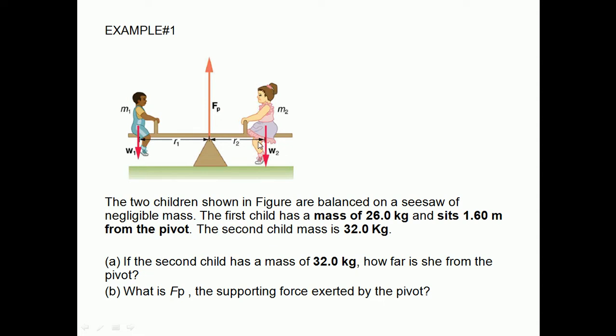The second child is sitting 1.3 meter from the pivot, and the first one is sitting 1.6 meter. You can see that because this child is heavier, naturally she sits much closer to the pivot so that the seesaw will be in balance. Because this weight is less, the distance is more, so the torque generated will be the same.